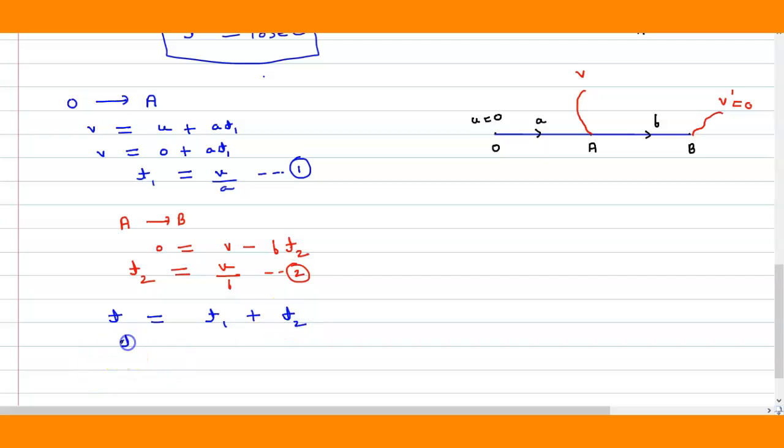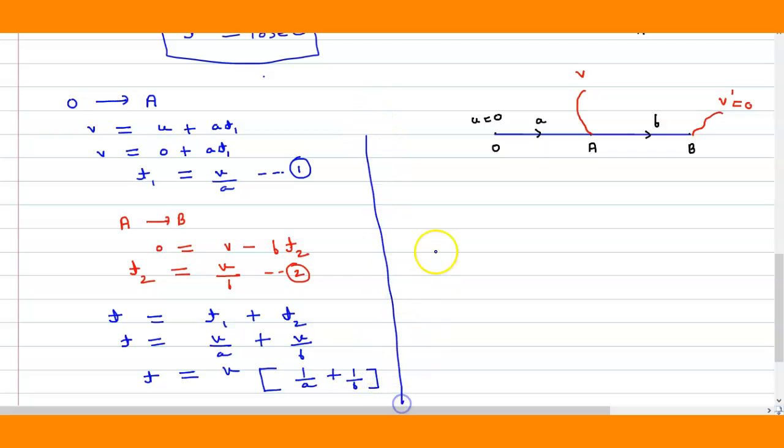Putting the values, T is equal to V upon A plus V upon B. It means that V is common, and this is 1 upon A plus 1 upon B. After solving, T is equal to V, taking LCM, (B plus A) upon AB. This is the LCM of A and B.